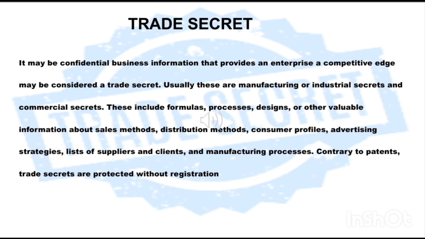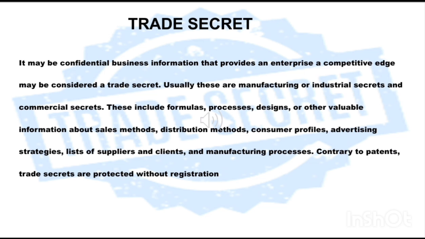Now let's see an interesting type of IPR, which is a trade secret. So it may be confidential business information that provides an enterprise a competitive edge that may be considered as a trade secret.